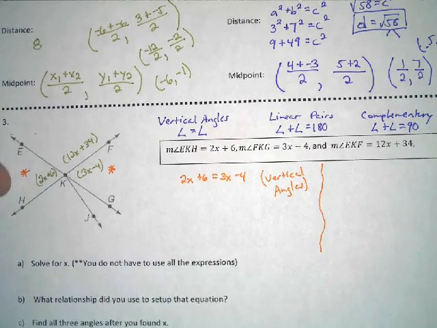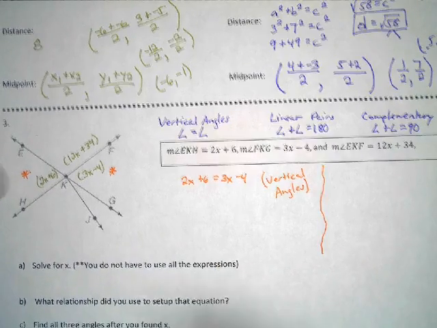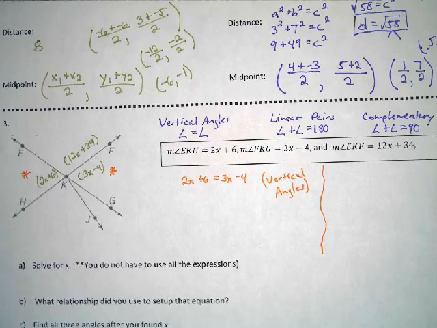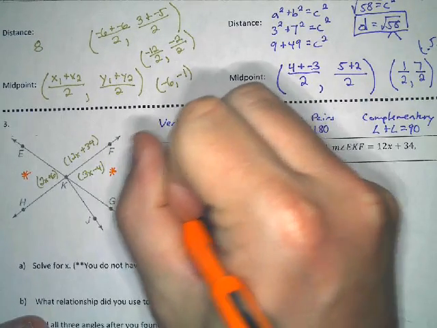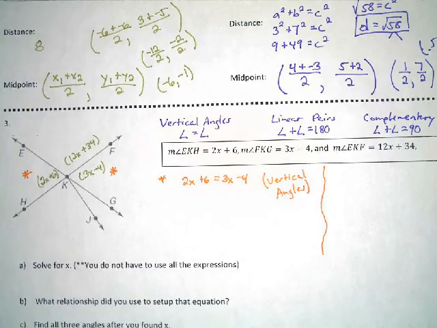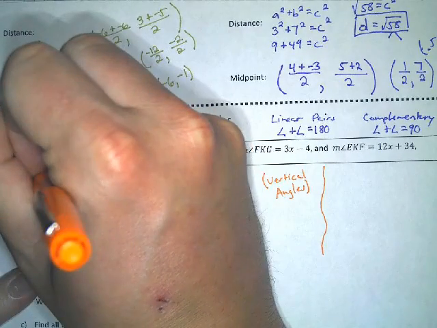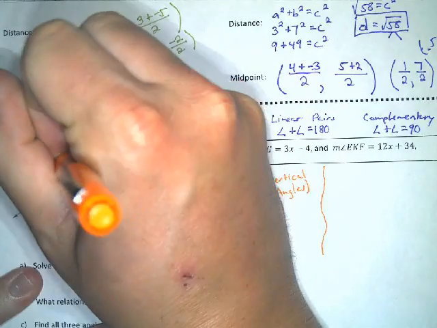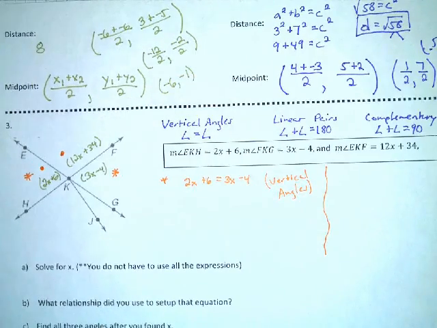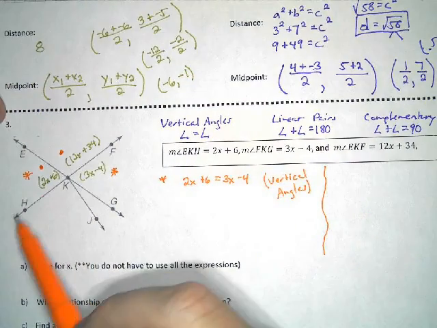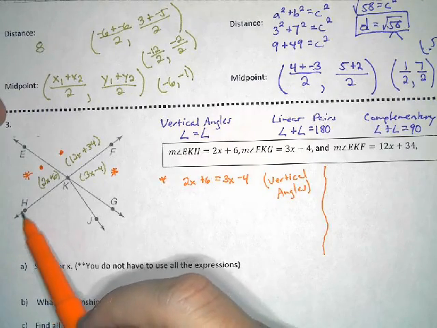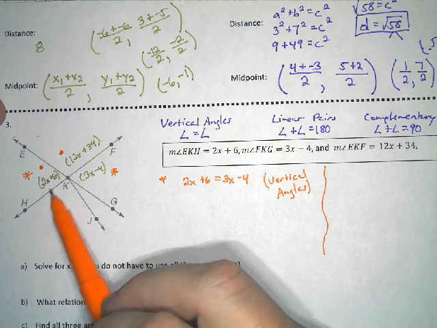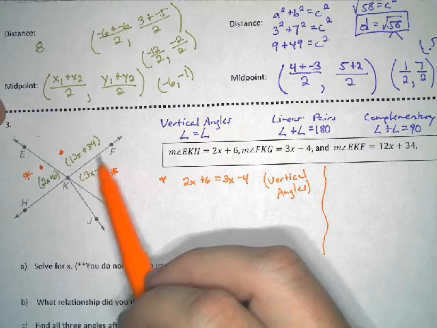So let's go ahead and, well, before I solve that, I'm going to put dots. Another way that you can solve this is that these two angles are linear pairs. Notice I'm about to trace with my pen a straight angle, which equals 180.